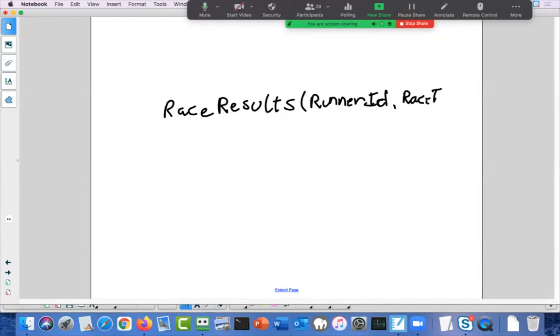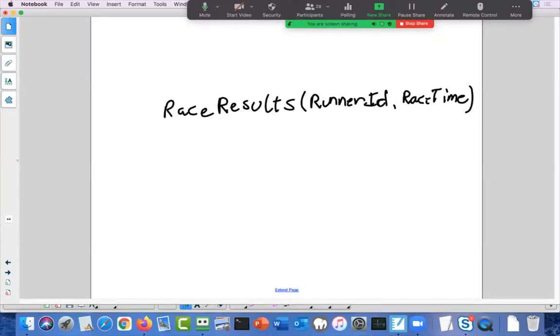Or if I have a race results database, with results from running a race, then I might have runner ID as the primary key, but it's really meaningless, whereas the race time means a lot, because I may want to get all runners that finished the race in less than 15 minutes or in more than 20 minutes.